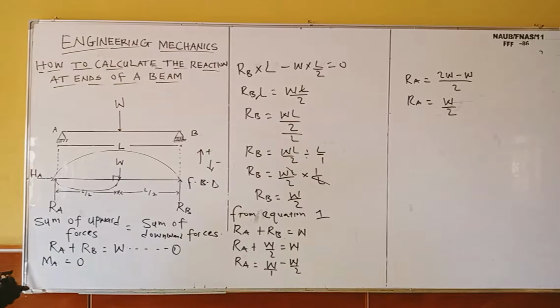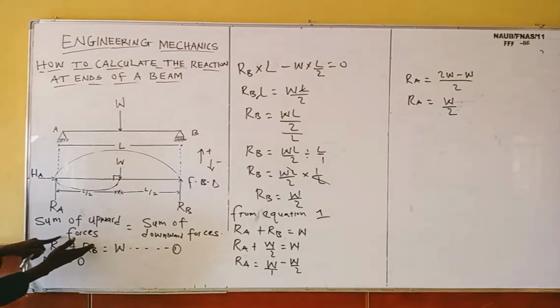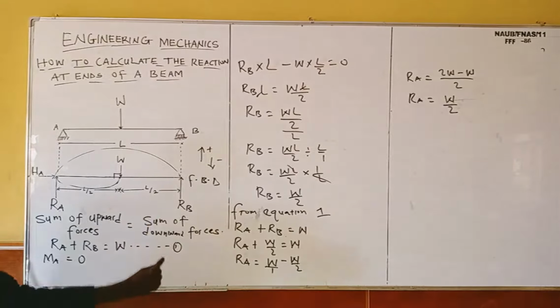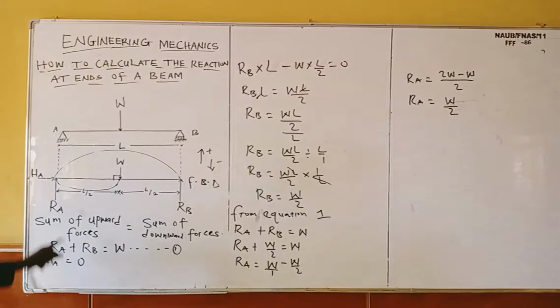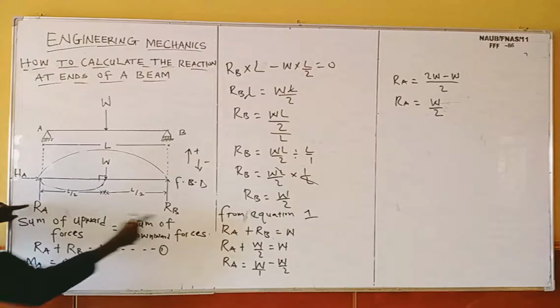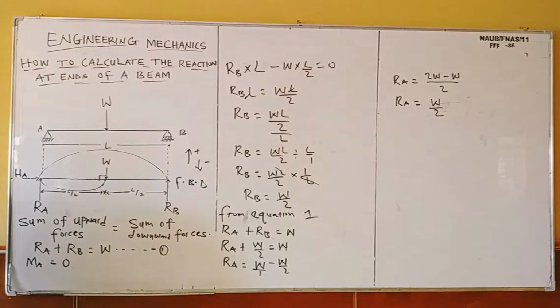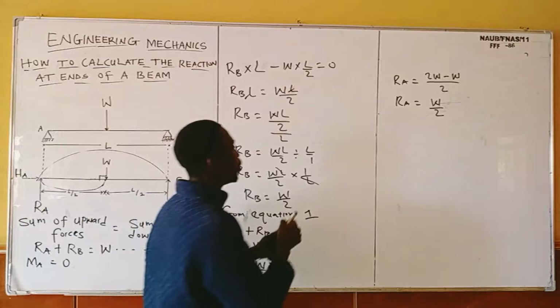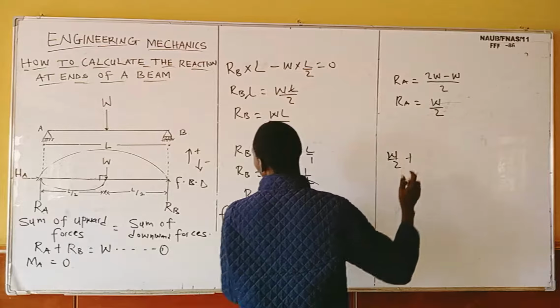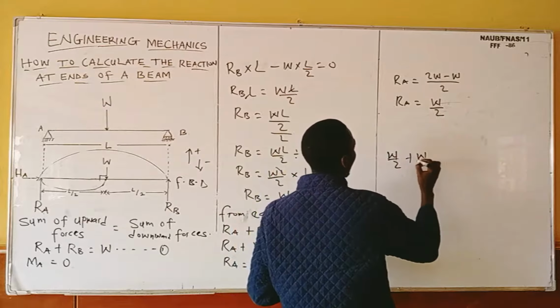So now, if you want to test maybe your answer is correct, look at this. We said sum of upward force equals sum of downward force. Let's try. Let's sum R_A plus R_B. Maybe we are going to get W. Our R_A is W over 2 plus our R_B, which is also W over 2.